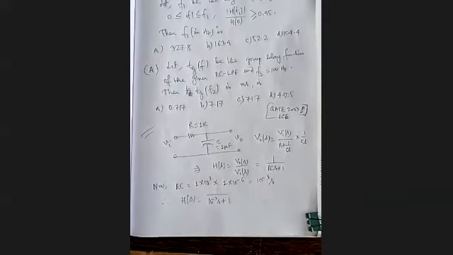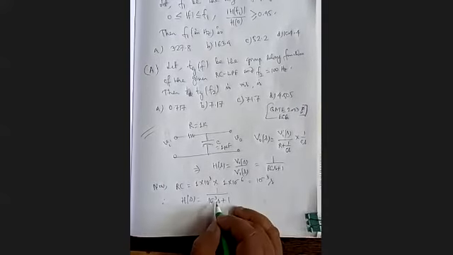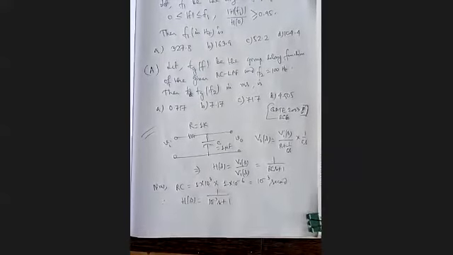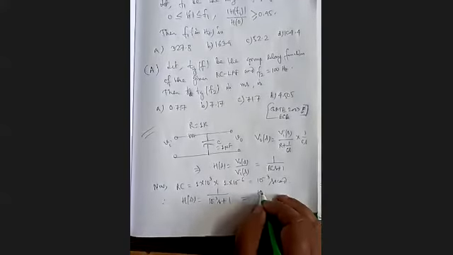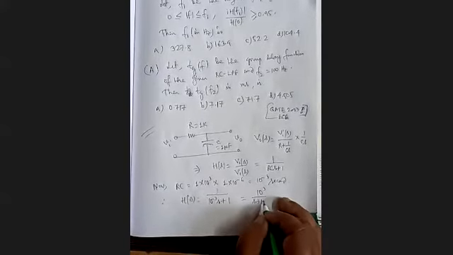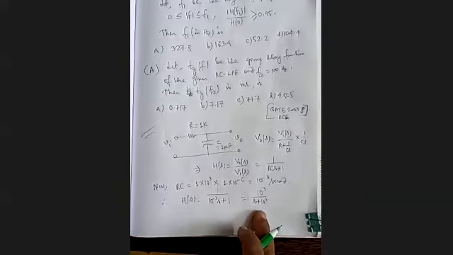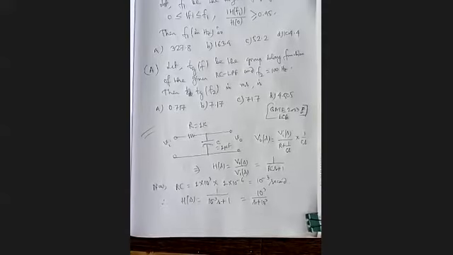We put RC value here. S means it is the Laplace transform variable. Or we can write 10 to the power 3 by S plus 10 to the power 3. This one. Clear? So I write it in the next page now.